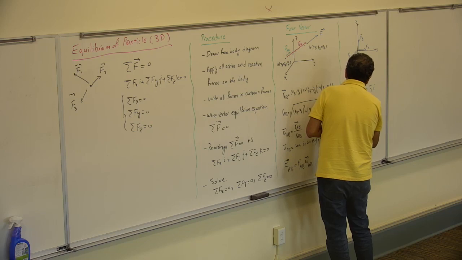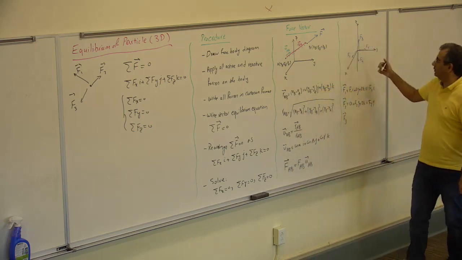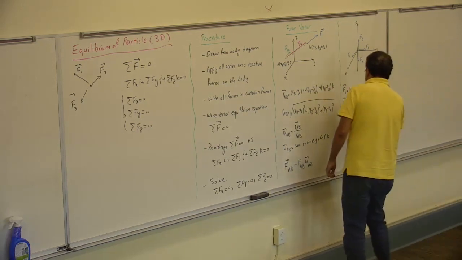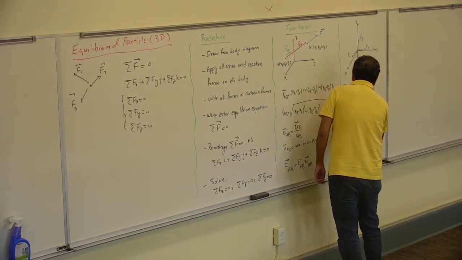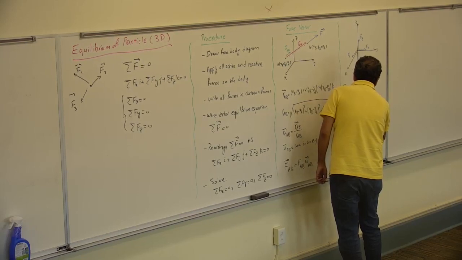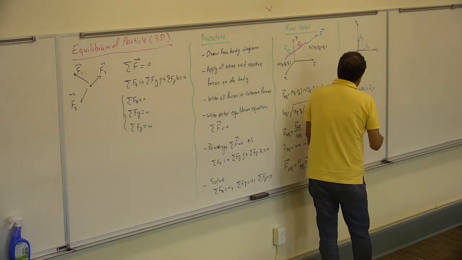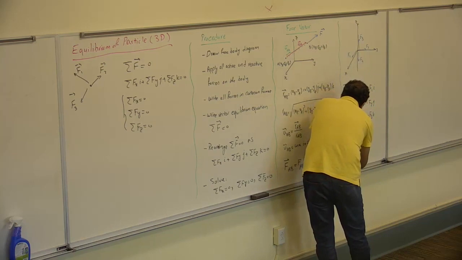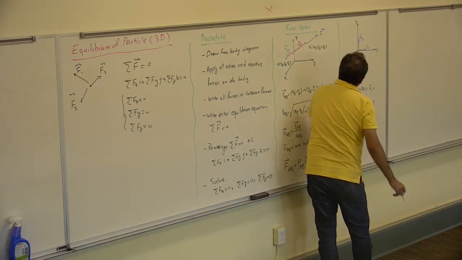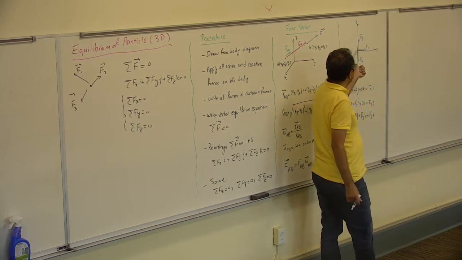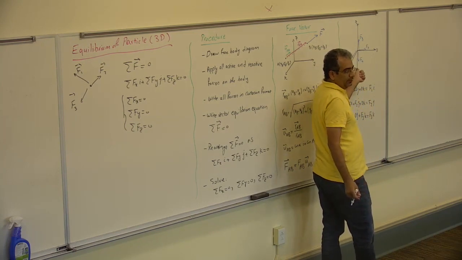F3 doesn't have anything along the x or y. Everything is going to be along the z. So it's going to be 0 i plus 0 j plus F3 k, or just simply F3 k. F4, look at F4.